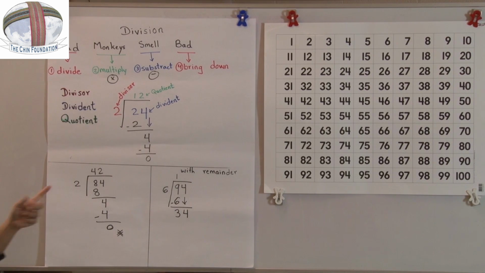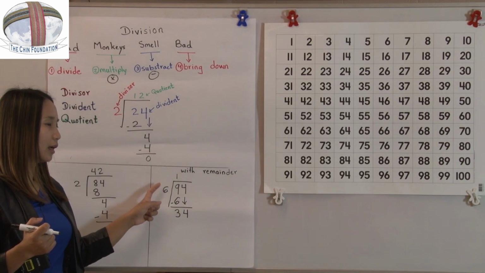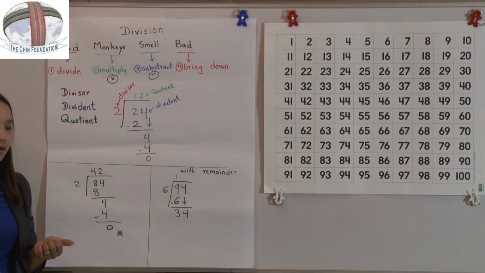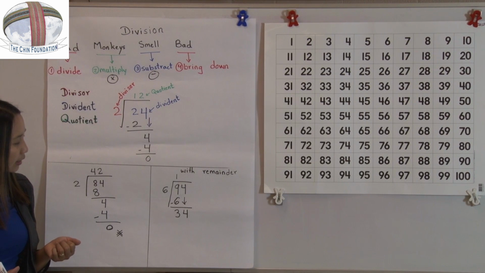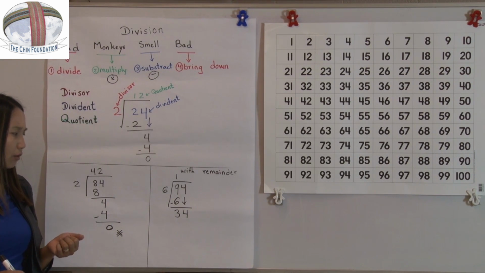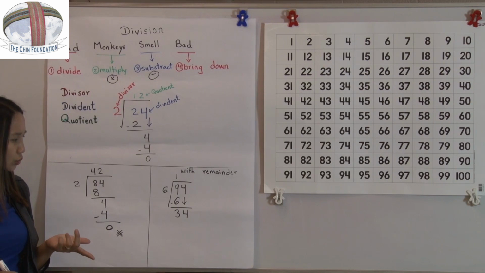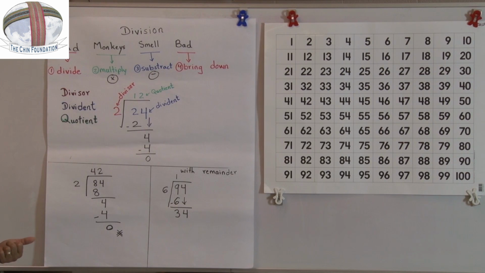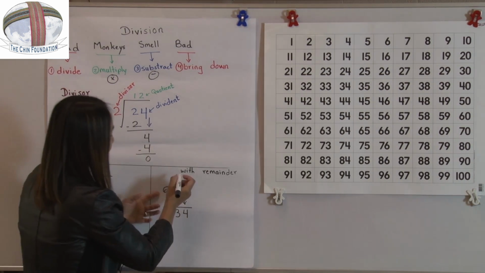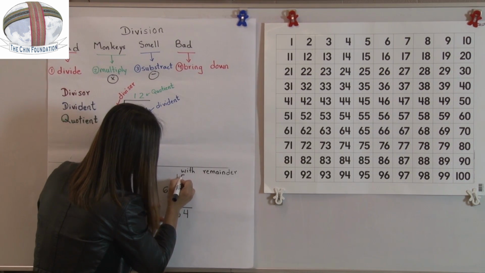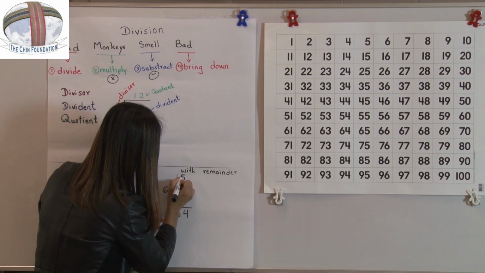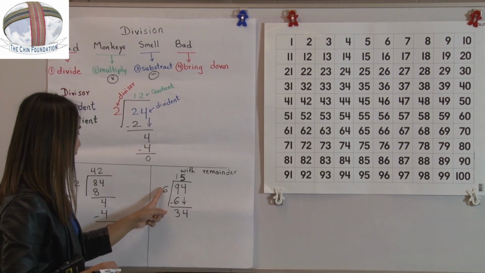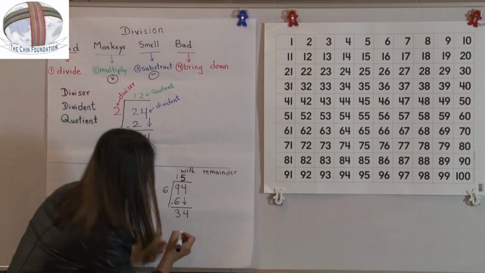Okay, now I have to think how many pieces of 6 will go into 34. So let's say 6 times 1 is 6, 6 times 2, 6 times 3... Let's try 6 times 5, okay? 6 times 5 is 30. So I believe it will go 5 groups of 6. Okay, so now I need to multiply. 6 times 5 is 30.